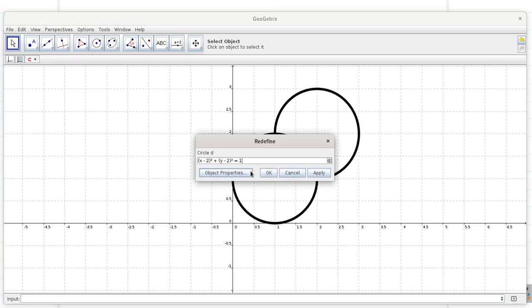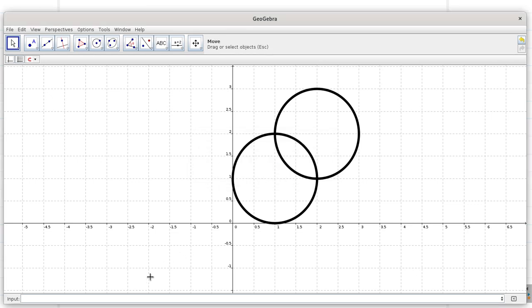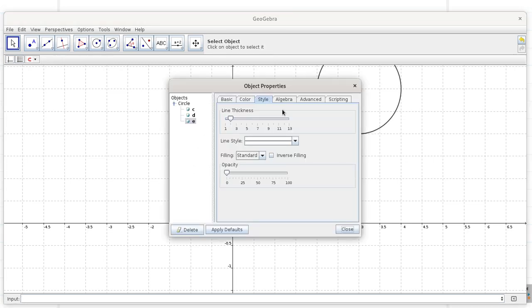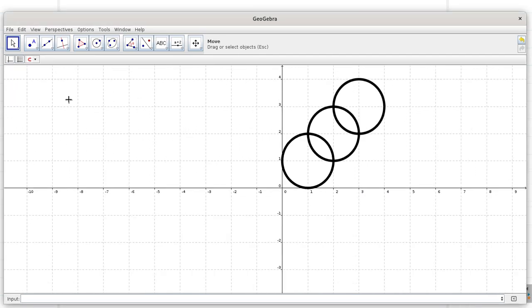Right? And you could make a third circle. I copy this and paste it here and make it x minus 3, y minus 3, and you have your third circle right here. Alright? And you could make more circles if you want.